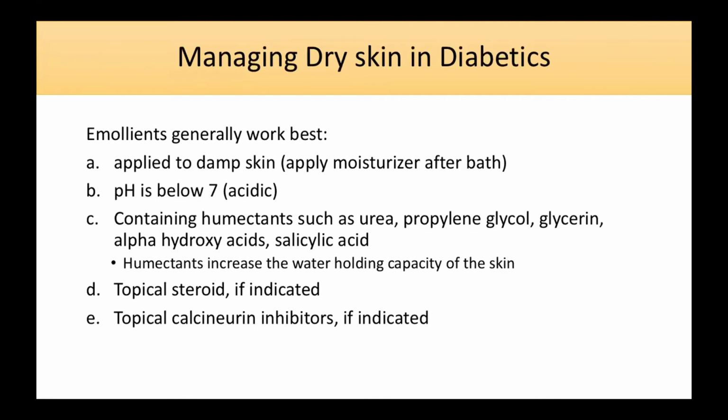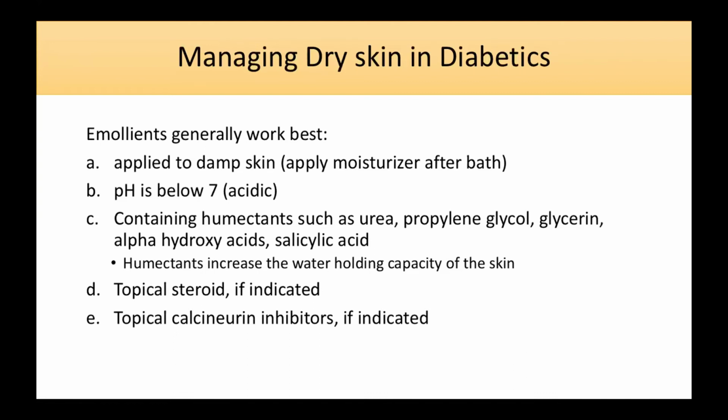And then it has to contain ingredients like humectants, which are also our natural moisturizing factor, such as urea, propylene glycol, glycerin, alpha hydroxy acid, salicylic acid. Why do we need humectants? Because they increase the water holding capacity of the skin, and then it moisturizes your skin.